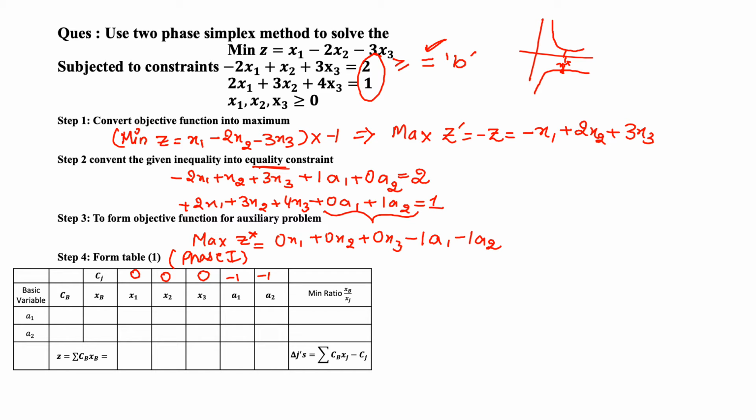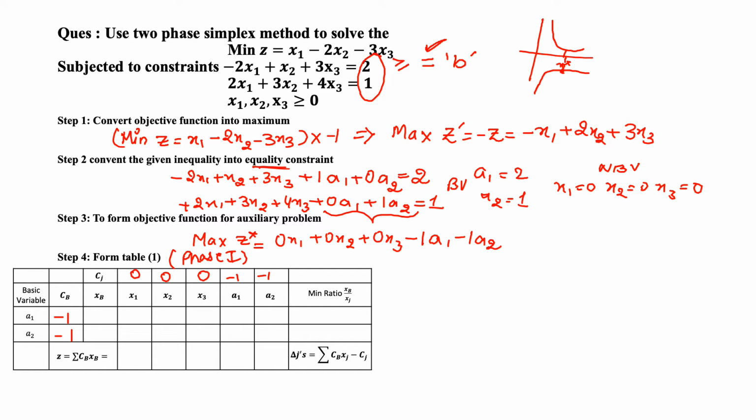Now we write the coefficients of the artificial variables here. For a1 the coefficient in the objective function is -1, and for a2 it is also -1. If I put the decision variables as 0, I get the artificial variables a1 as 2 and a2 as 1, when x1, x2 and x3 are 0. These are my non-basic variables, and these are my basic variable values.